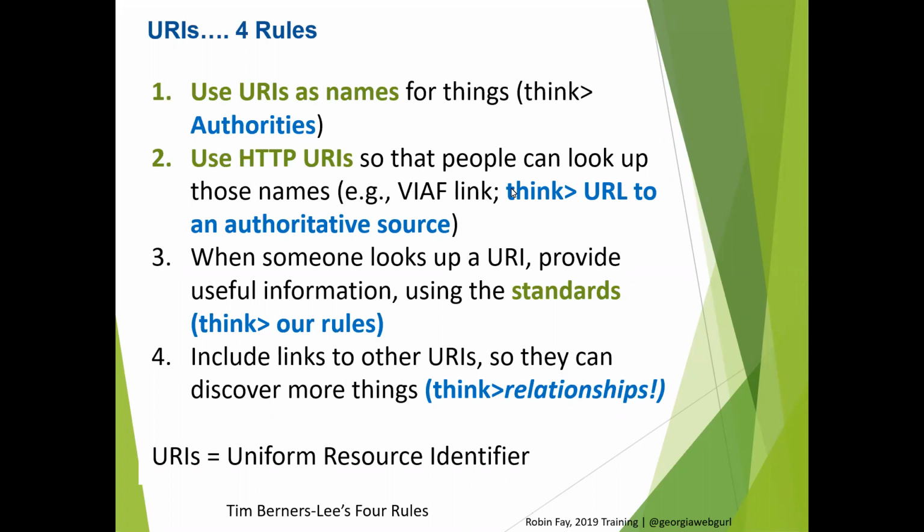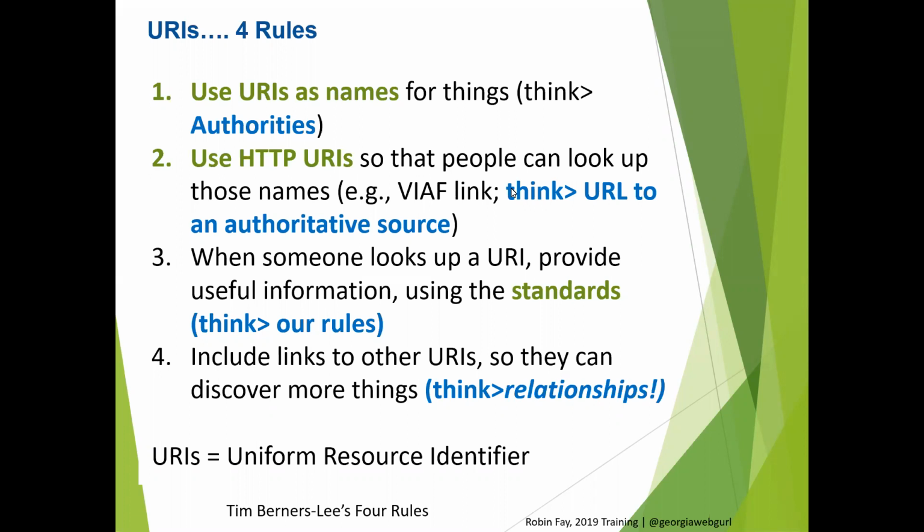So what are we currently using when we use a name for a thing? That would be our authority, right? We're using our subject heading, our authorized form of the name. We already do that, and we've been doing it for a long time. Not everybody else in the web community has been doing this, but we have. We just call it authorities or authority work.